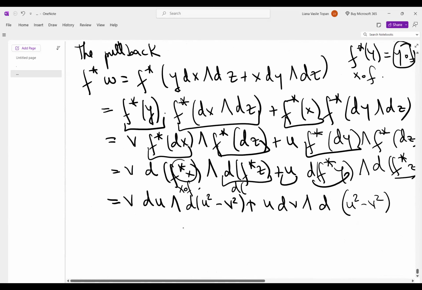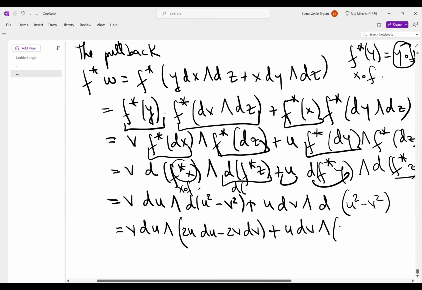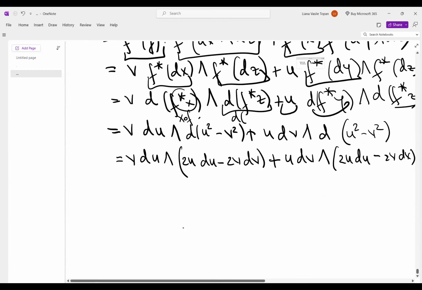So we have v du wedge. Now, what is this differential? The differential of u squared minus v squared is 2u du minus 2v dv.